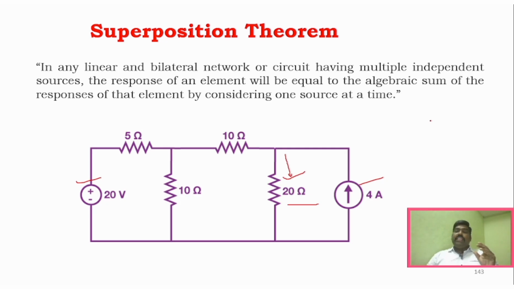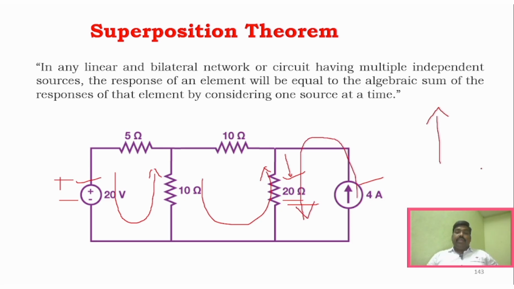But summation here is not only the addition of two currents. The first thing to understand is the direction of current. Take this 20 ohm resistor and see this voltage source: the current flows from higher potential to lower potential, so because of this source the current will flow in this direction through the 20 ohm resistor. Whereas because of the other source, the current will flow in this direction.